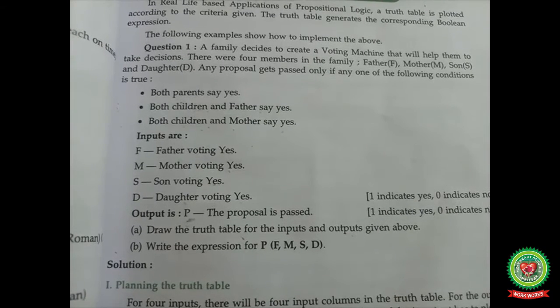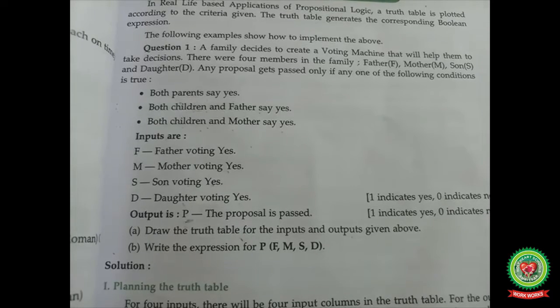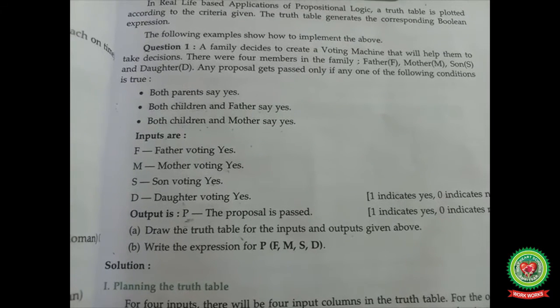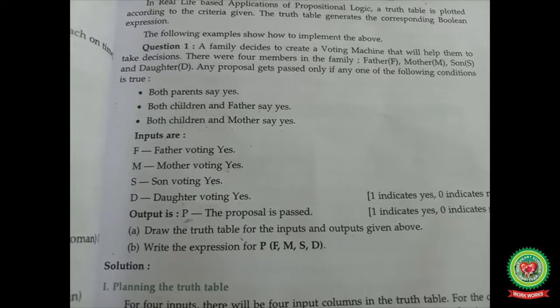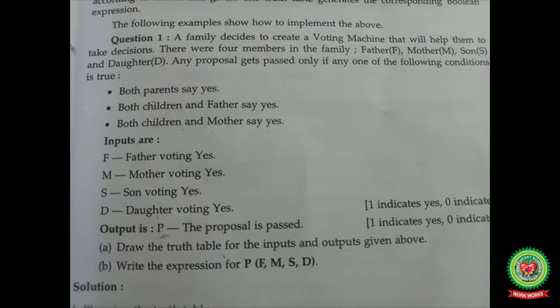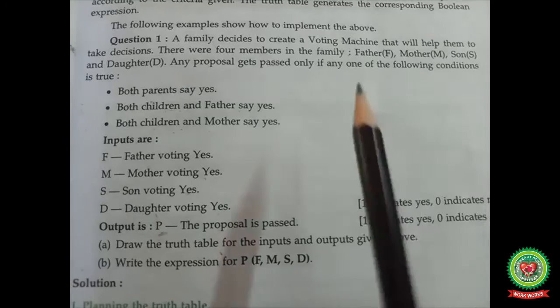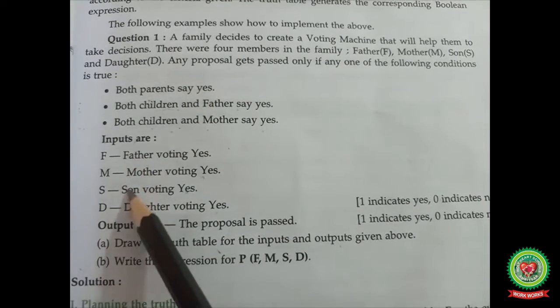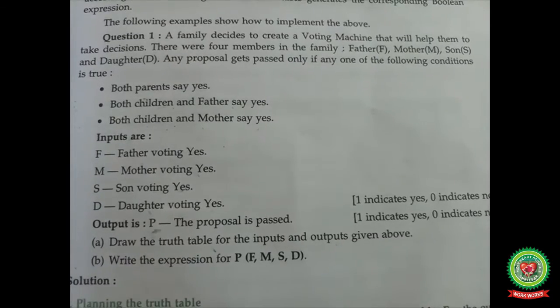Now what you have to do is draw the truth table for the inputs and outputs given above. Write the expression for P(F, M, S, T). Students, in this type of question, we will use the variables that are given like F, M, S, T. Now we will create a truth table.